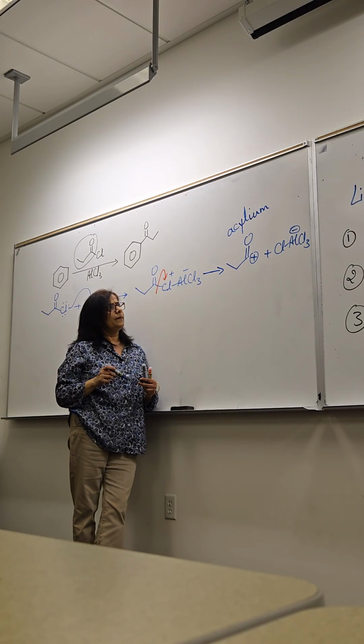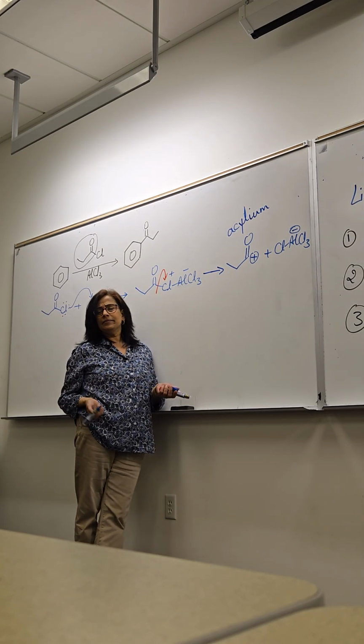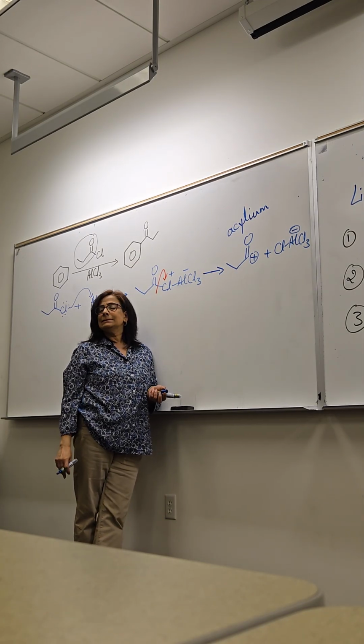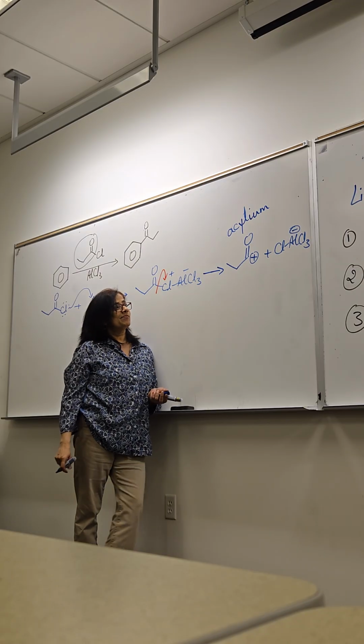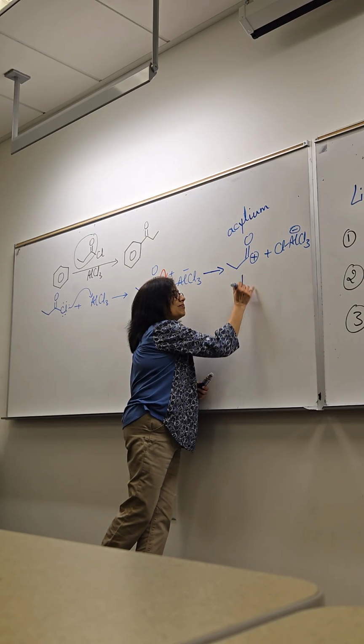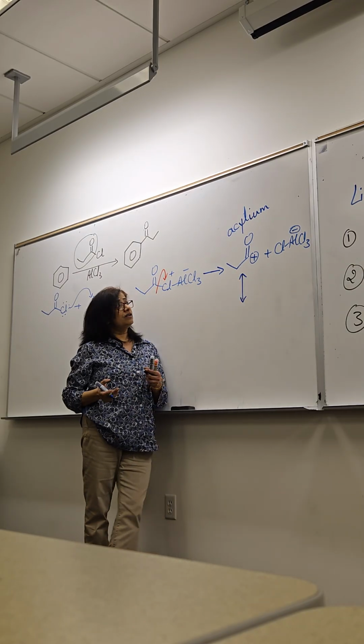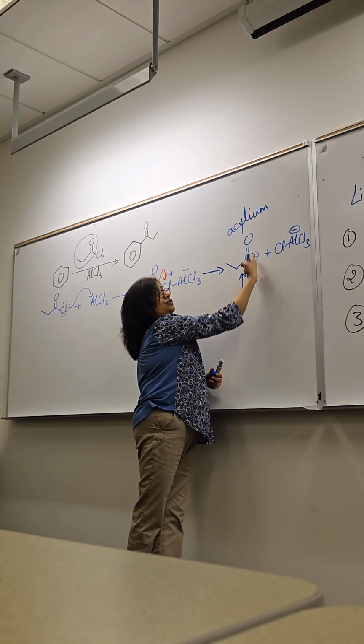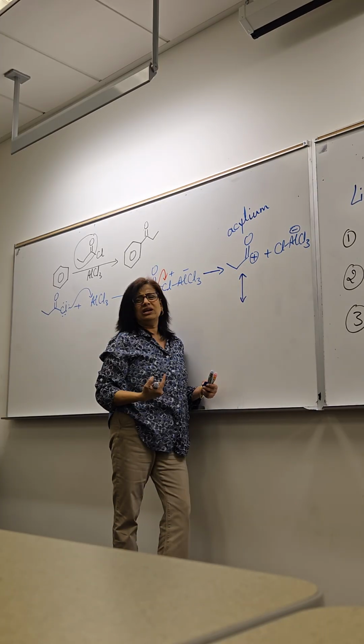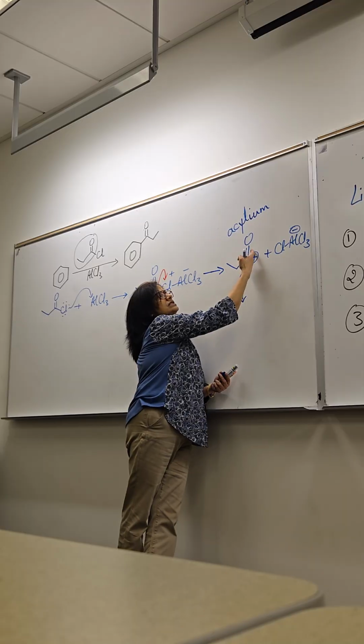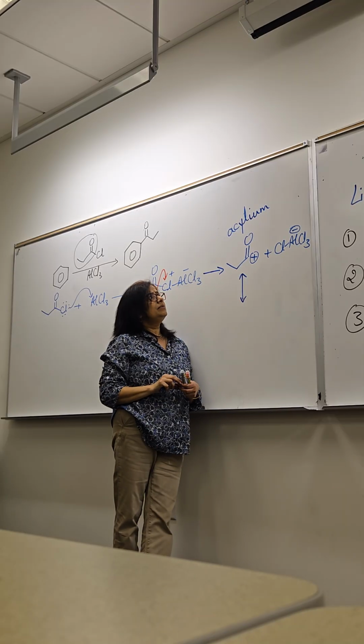Why? How? Resonance. Exactly. From where? The C double bond O. Meaning, which part of it? Do you think those electrons will go here? Not really. Those electrons can't go here. Anybody?